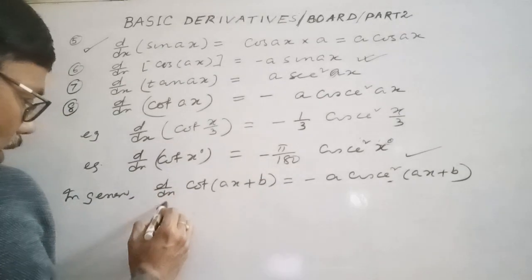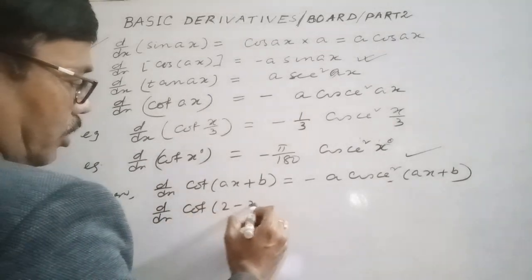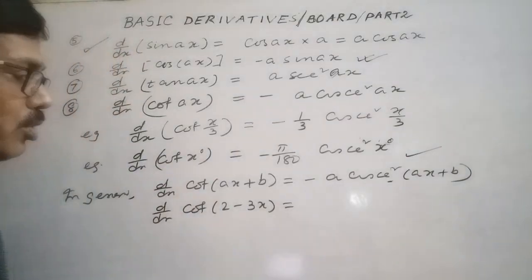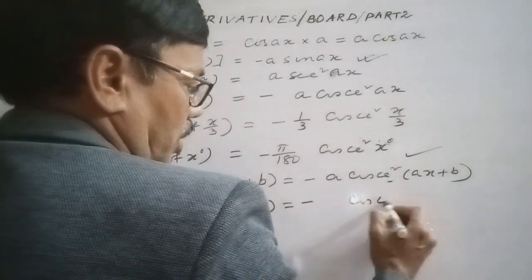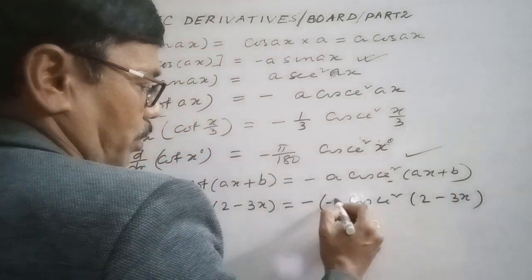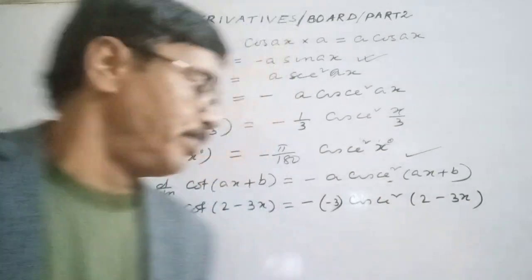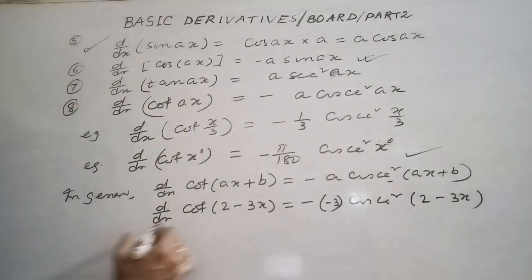Now, application: d/dx of cot(2 minus 3x). So minus cosec square(2 minus 3x) into the coefficient of x, so minus 3. So this one is general.